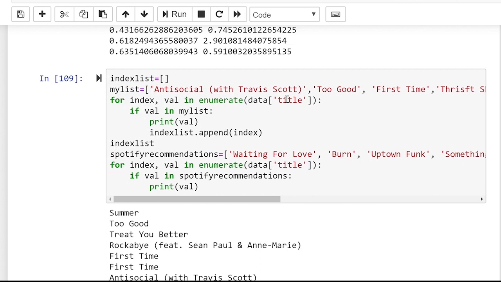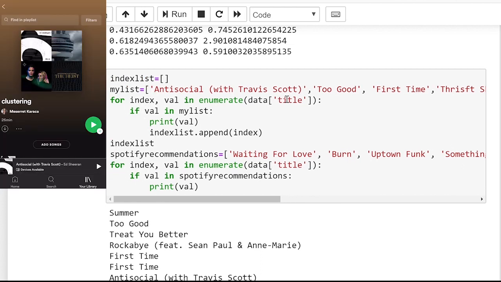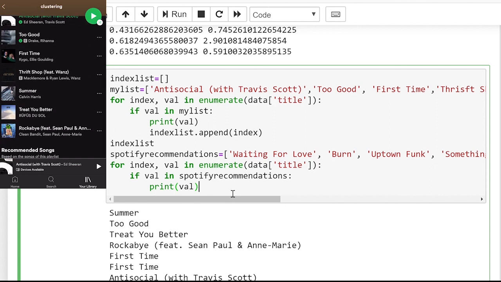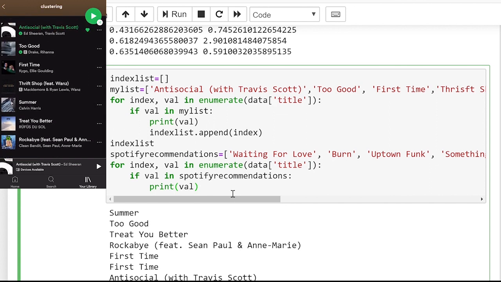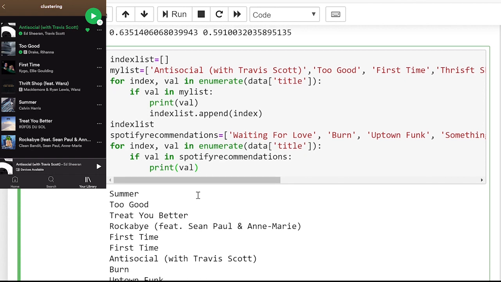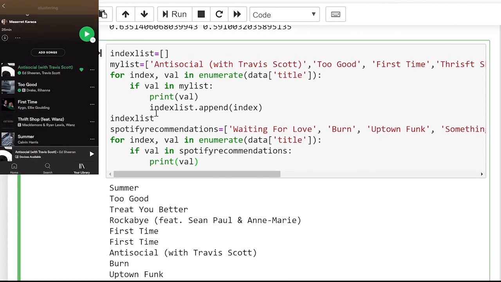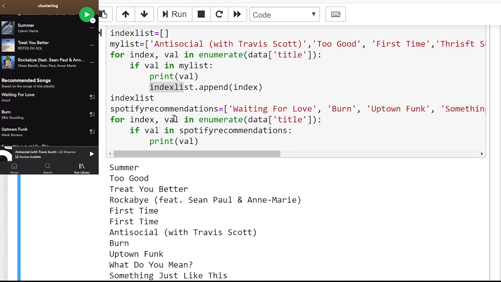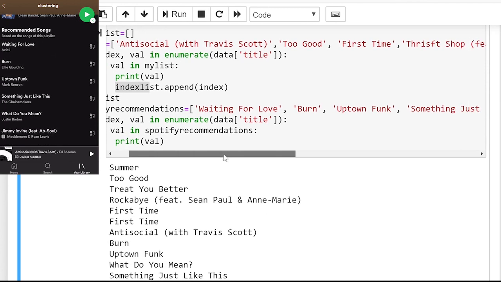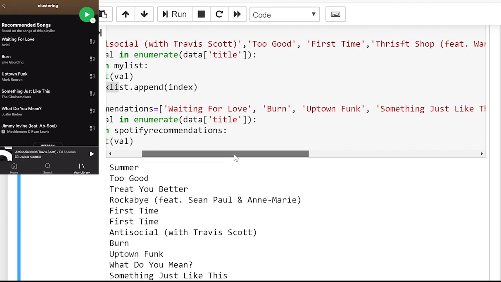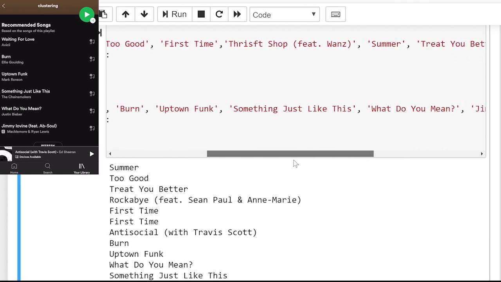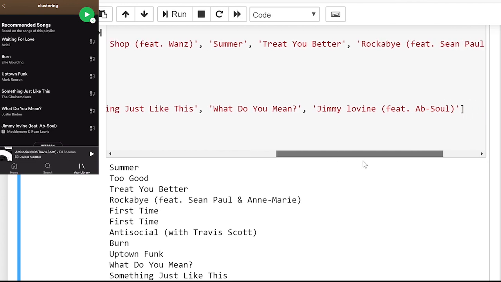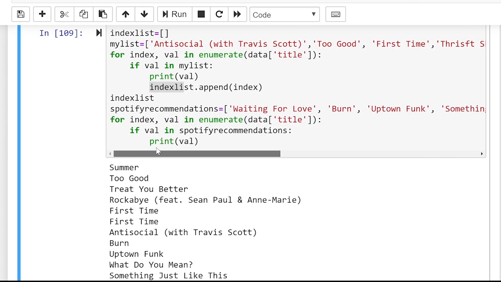I want to see if the Spotify predictions are also in cluster 0. Spotify recommendations for all these songs are Waiting for Love, Burn, Uptown Funk, Something Just Like This, What Do You Mean, and Jimmy Lovin.